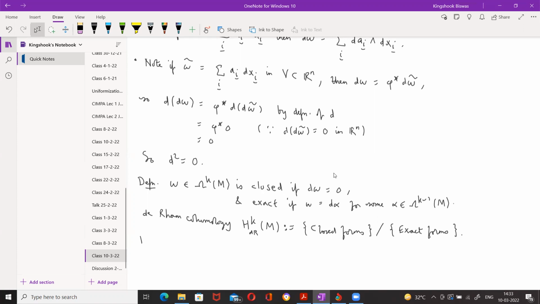We also have the following theorem, which is Stokes for chains in a manifold.